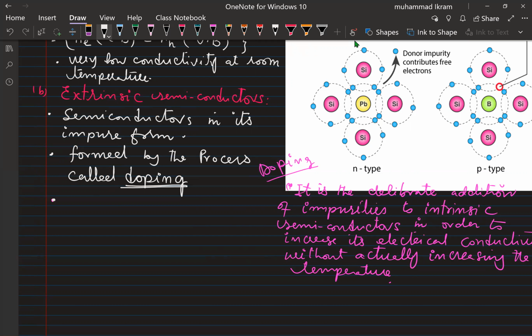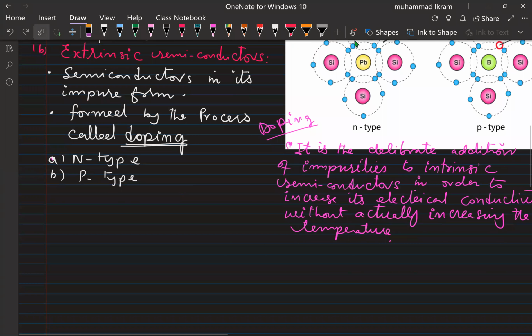One we call the N-type semiconductors and the other we call the P-type semiconductors. For both the N-type and P-type, the doping agents have different valence electrons than the parent materials.